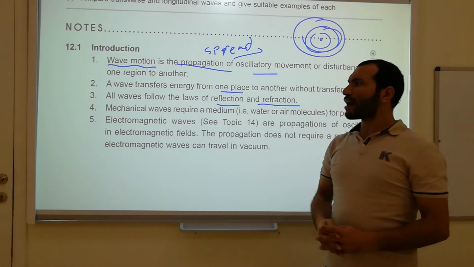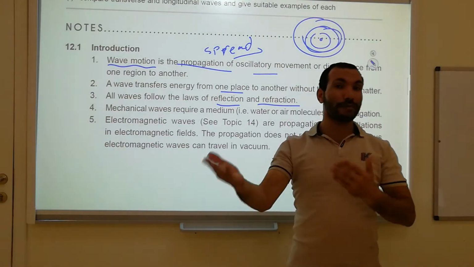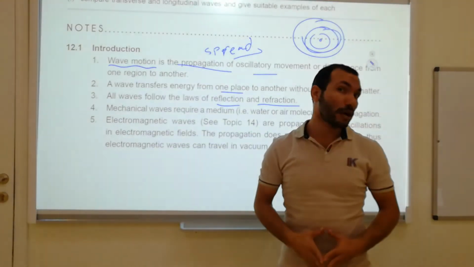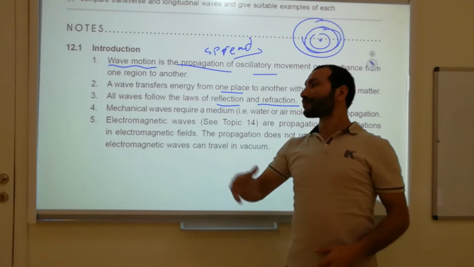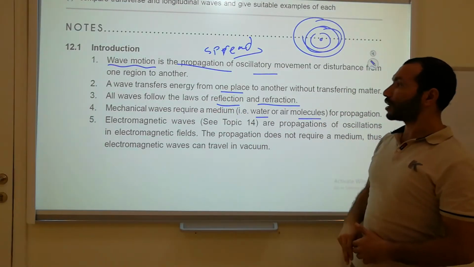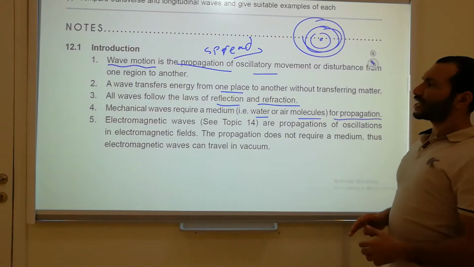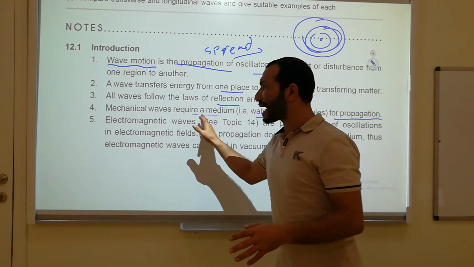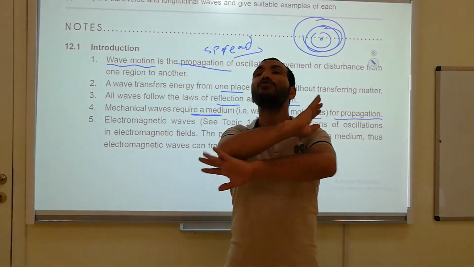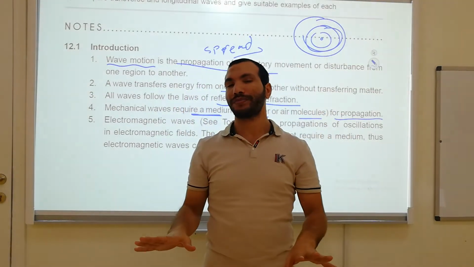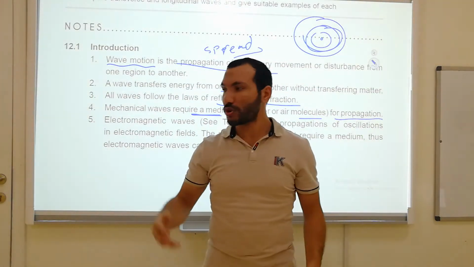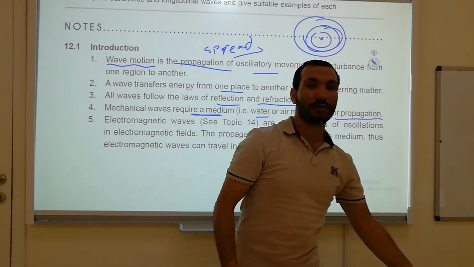We have two types of waves: mechanical waves and electromagnetic waves. Mechanical waves, like water and air waves, need a medium to propagate. Any mechanical wave cannot move without a medium, without air, without water, without solids.